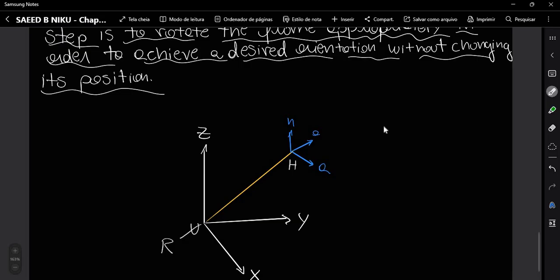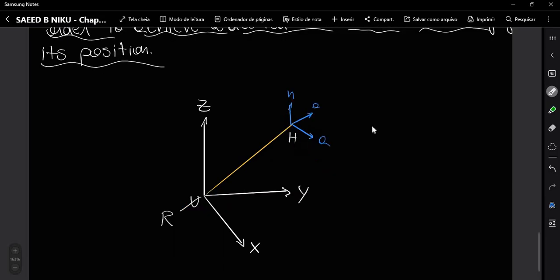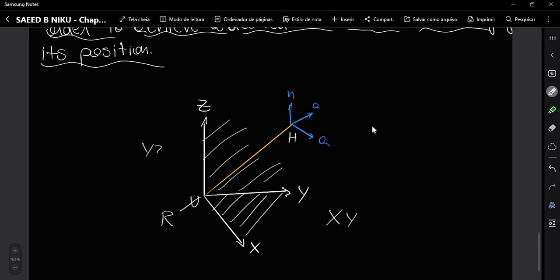Let's see, right here, again, it is good to have a sense of views. Right here we are on the XY plane. Right here is the ZY plane.